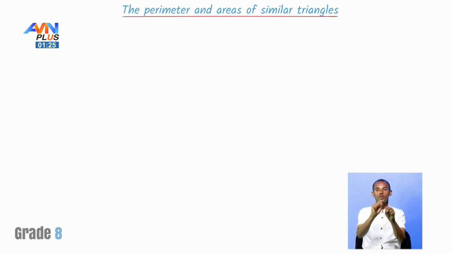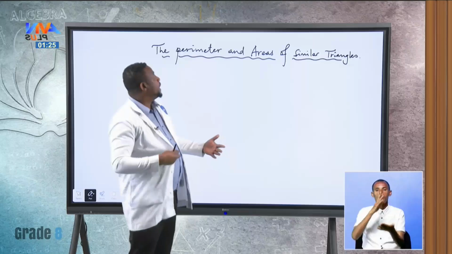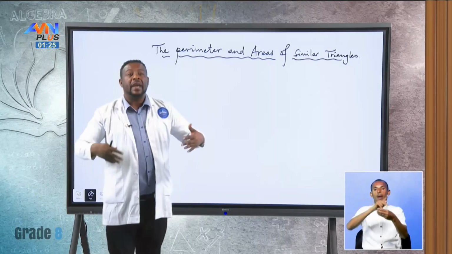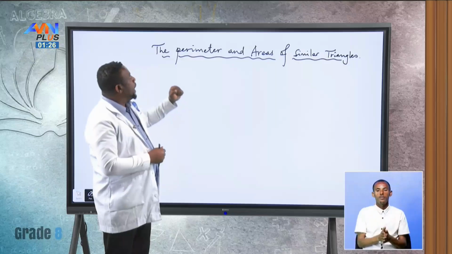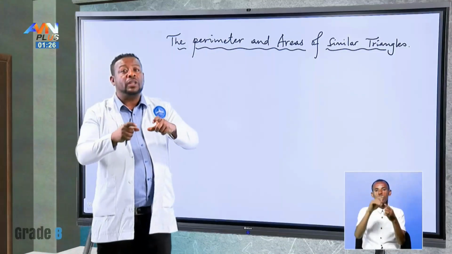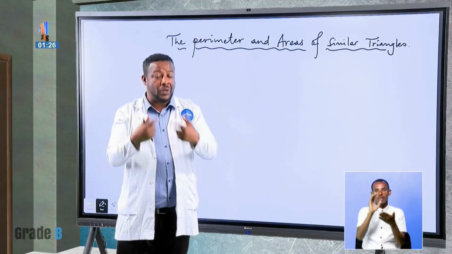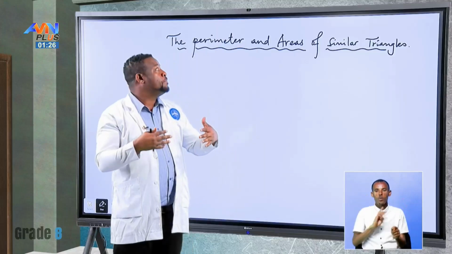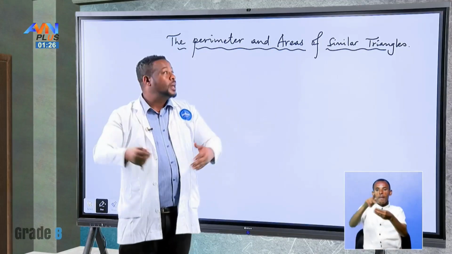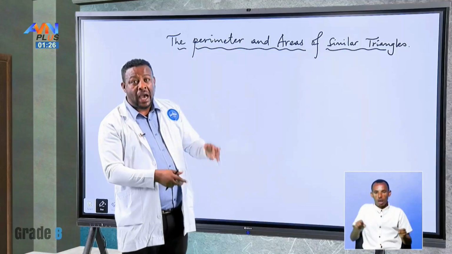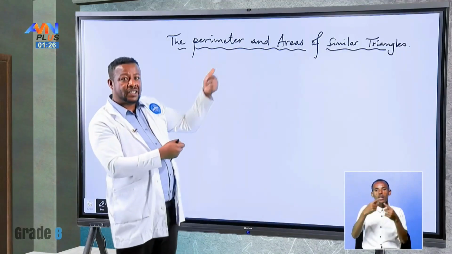Okay. Under this topic, we will try to see a certain relationship between the perimeters and areas of similar triangles. To explain this, I will take two triangles so that we will see the relationship between sides, perimeters, and areas, right? I will try to include sides in this topic.